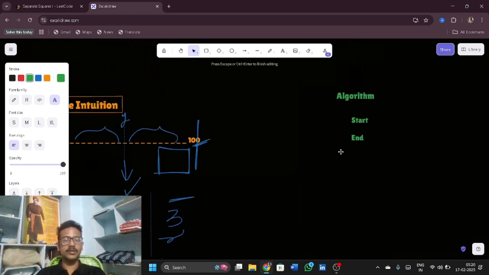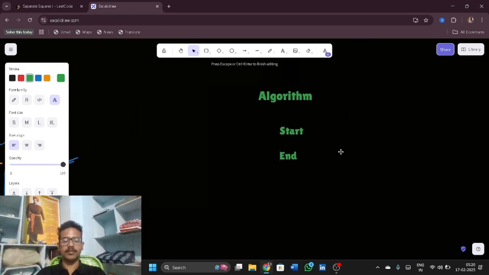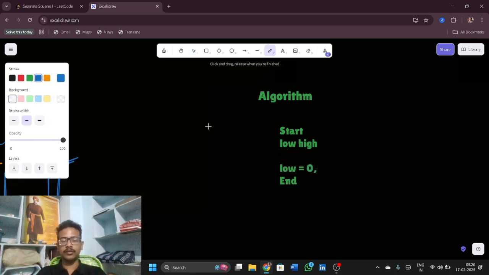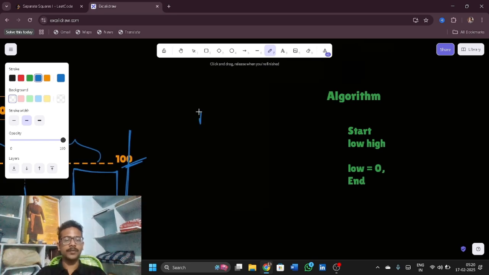So the first thing I'll write will be low, and what is my high. Low will be always initialized to 0. What will be my high? For that, imagine you are having here x comma y. They gave y is equal to something like 10 and the side length L is given as 5.